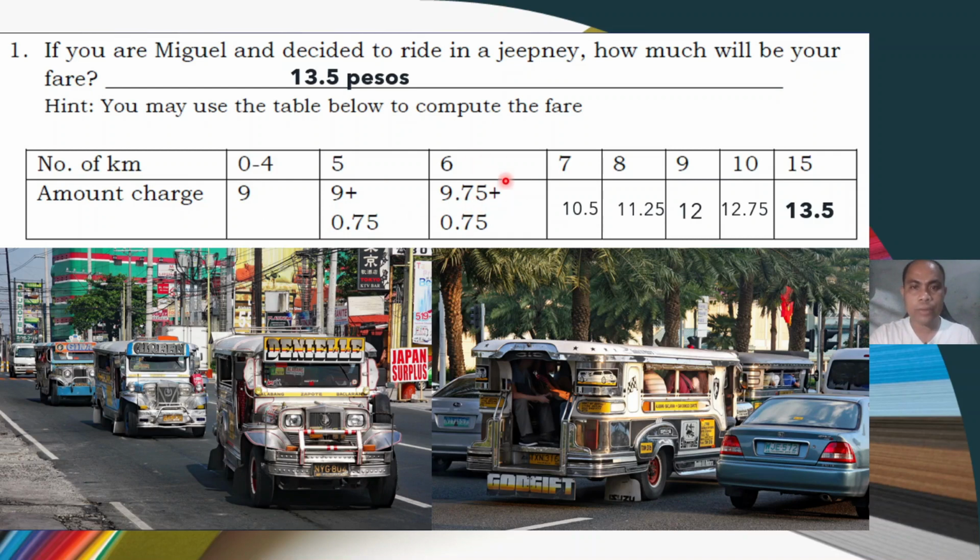After 6 kilometers, dungag na po ka og 0.75 cents, and that will be equal to 10.5 pesos. Then, pag 8 kilometers, 11.25 pesos, 9 kilometers, 12 pesos. Pag 10 kilometers naman, we have 12.75, and for 15 kilometers, 13.50.